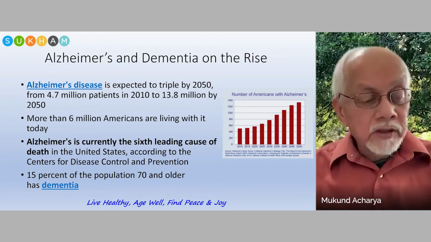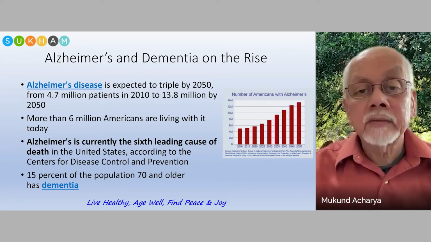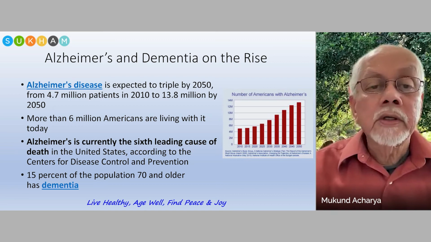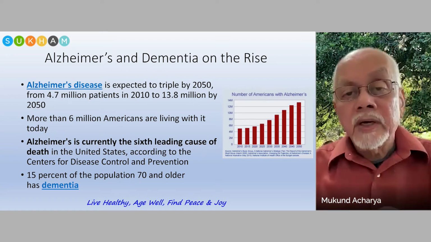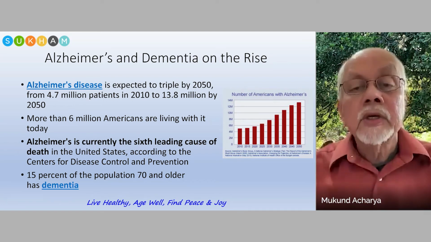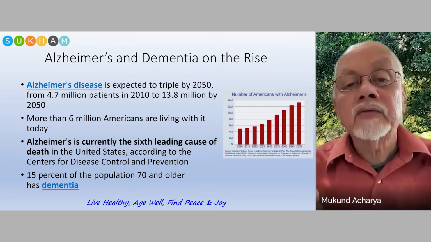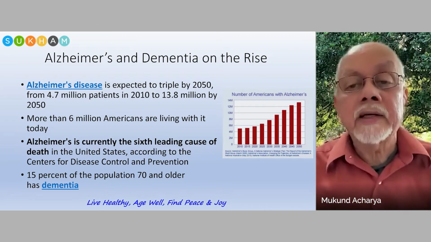Now, we've talked about Alzheimer's quite a bit in Dr. Raki's lecture, but a few topics to discuss here. Dementia, as she mentioned, is an umbrella term for a bunch of symptoms that are related to cognitive decline and the inability of us to handle our daily activities of living.